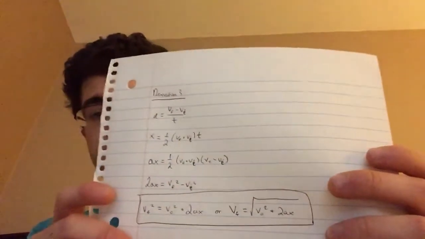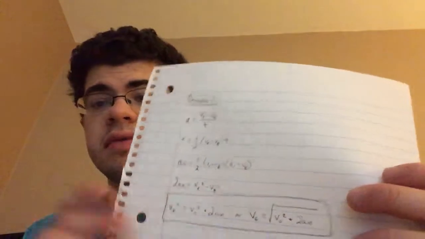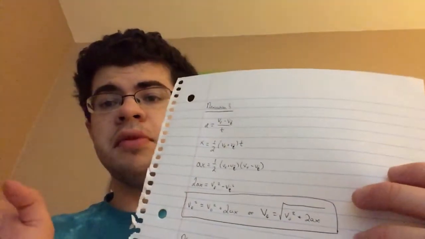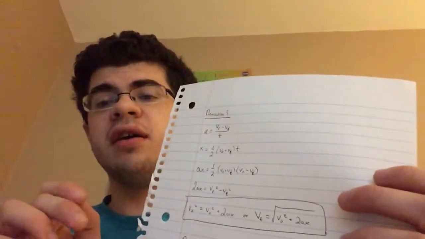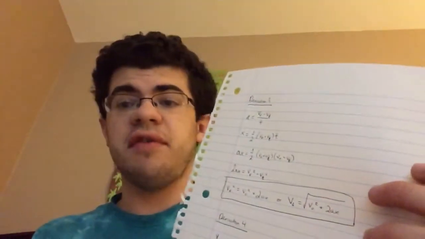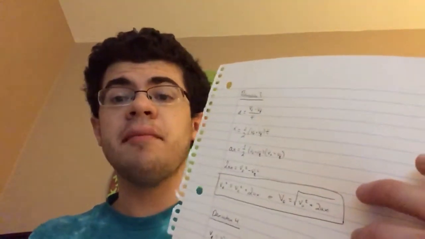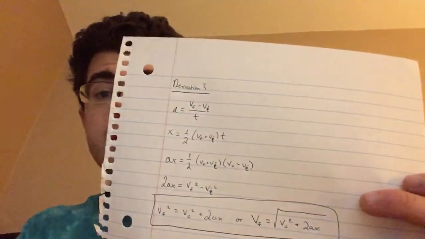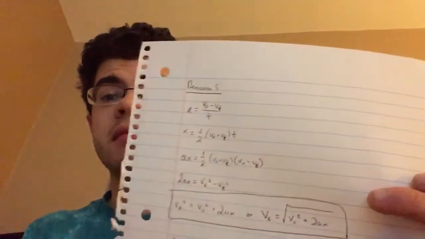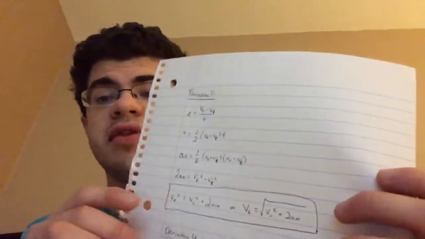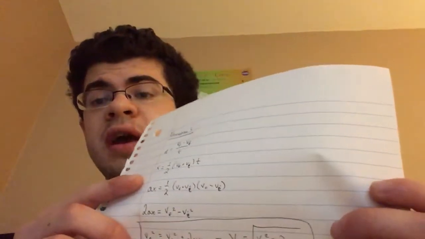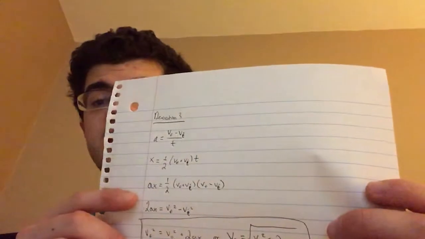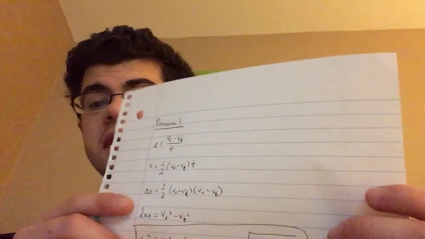Derivation 3. This one's a little more complicated, but we start with a equals vf minus vi over t, which is just change of velocity over t, right? We know that already. And then we're going to rewrite the equation that we just derived, equation 2, which is x equals 1/2 times vf plus vi times t.